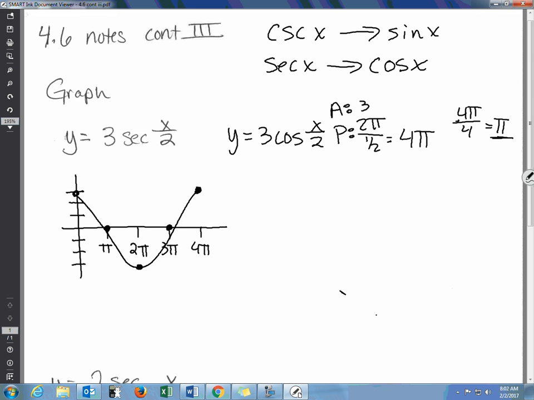Now just like yesterday, where once we graphed sine, we looked for where the graph crossed the x-axis and drew vertical asymptotes, I'm going to do the exact same thing. So the graph crosses the x-axis here and here. At each of these points, you cut the graph.